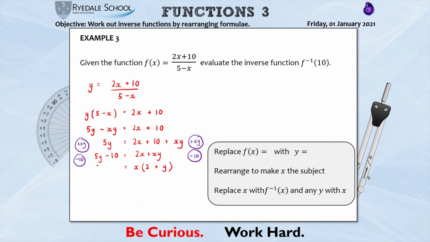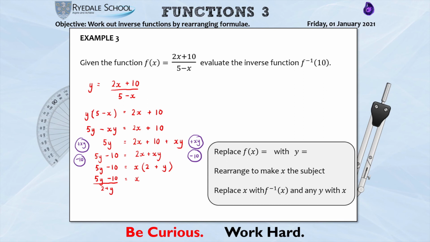And this side is still 5y take away 10. Finally, I'm just going to do a little division. To get the x by itself, I'm going to divide by 2 plus y. So I end up with (5y take away 10) divided by (2 plus y) equals x.